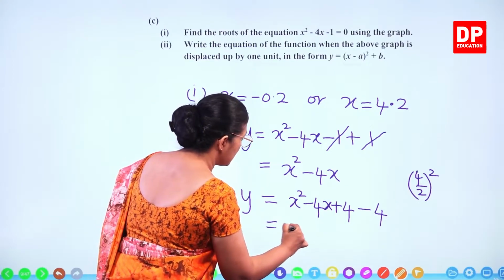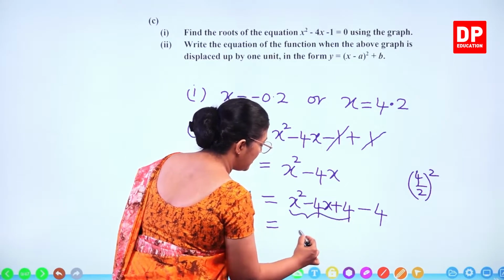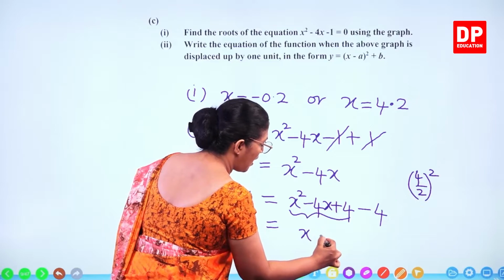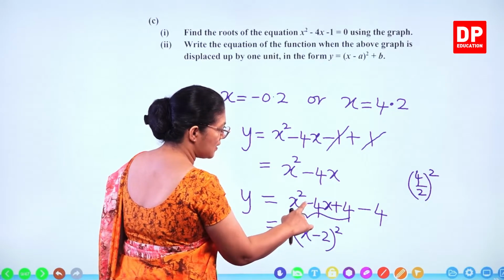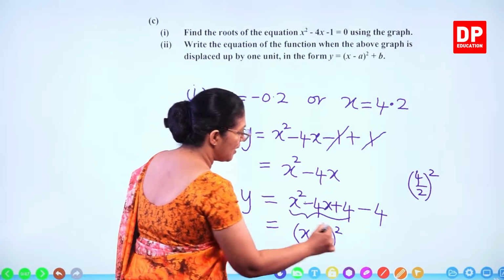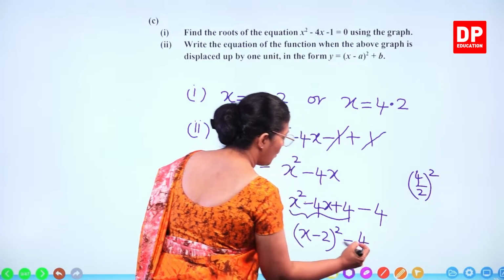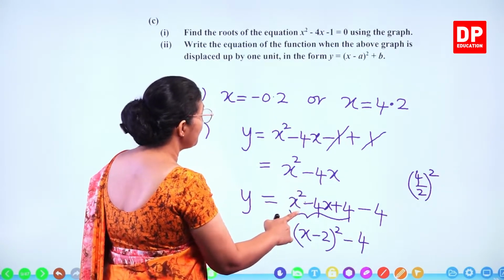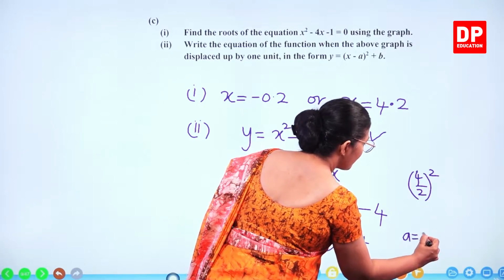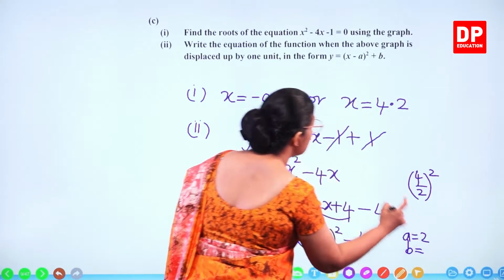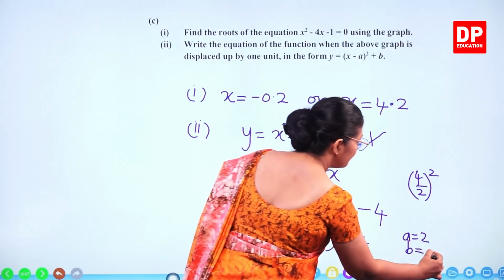So what you get from this part is the square term x minus 2 whole thing squared, because square root of x squared and square root of 4, and the sign comes from here, minus 4. So according to that, a equals 2, b equals minus 4.